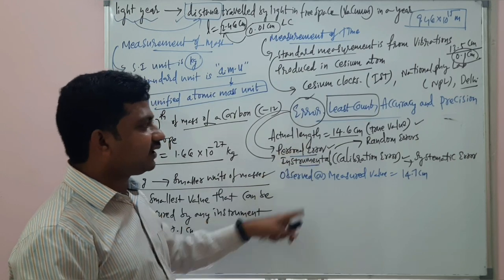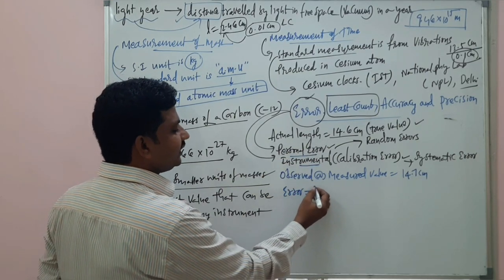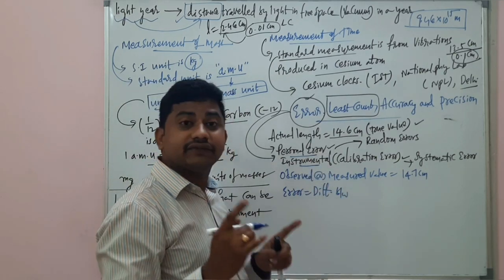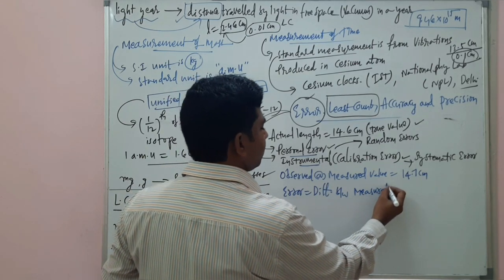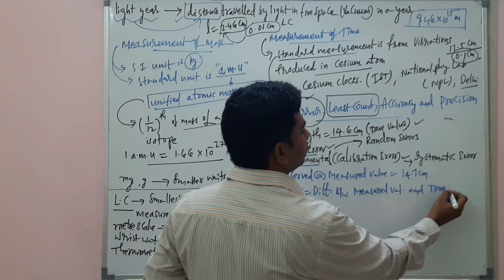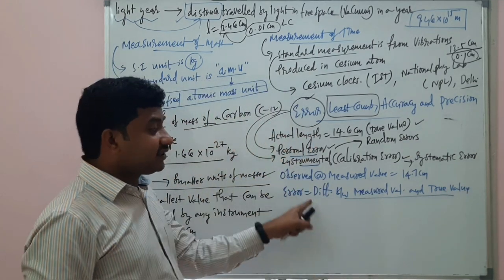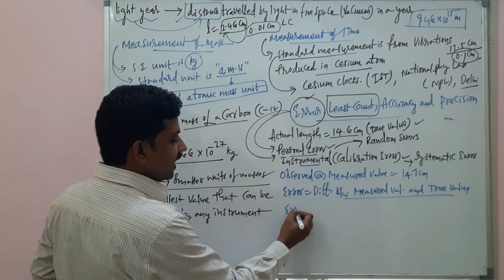So there is a difference, right? Error is the difference between the measured value and the true value. My dear students, listen: error is the difference between the measured value and the true value.